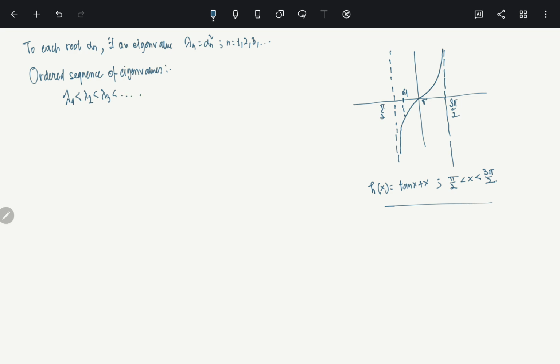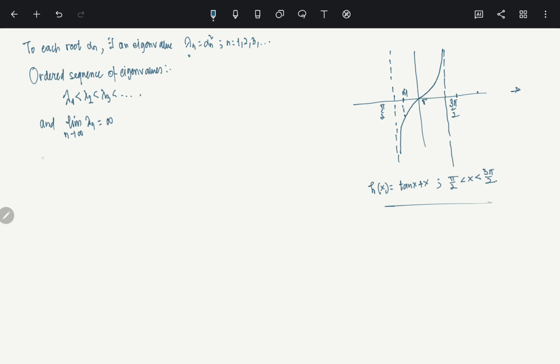If you notice these lambda n's, these alpha 1, alpha 2, the roots which you are going to get, as n tends to infinity, the limit of lambda n is infinity. So basically the limit goes to infinity. I hope this is clear.